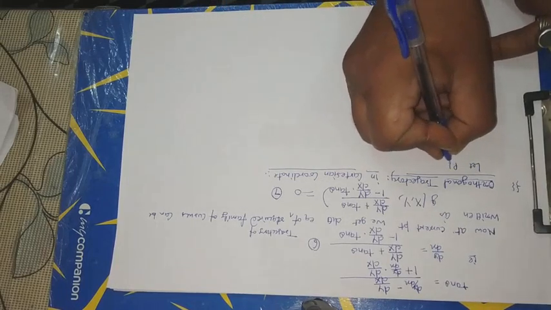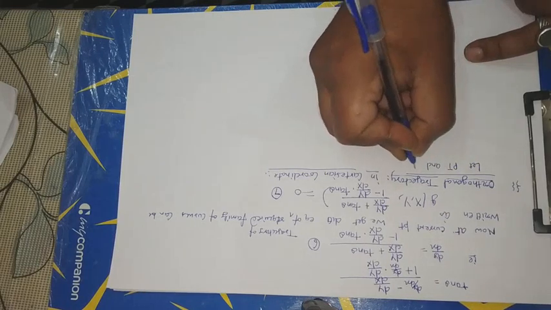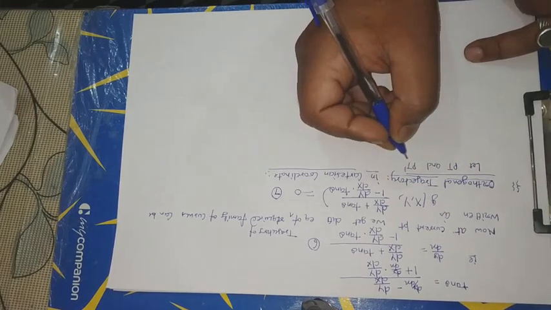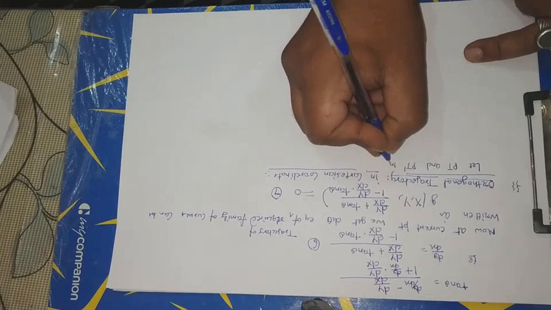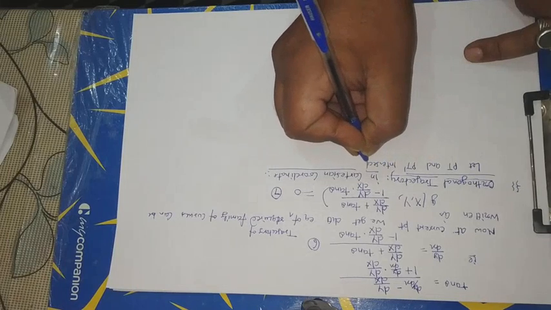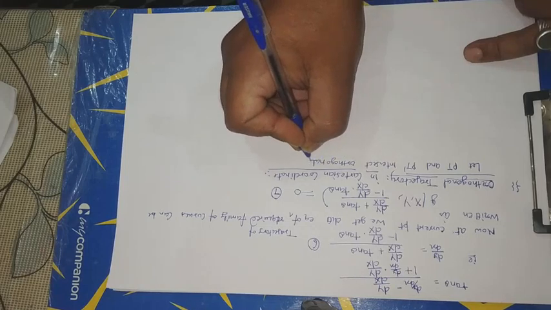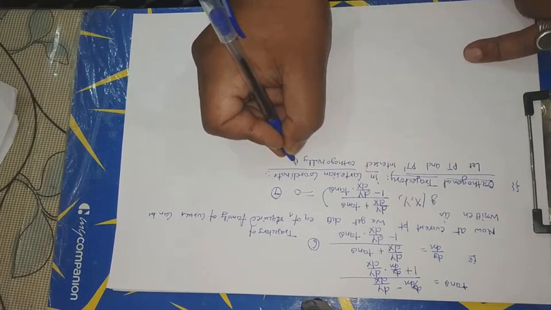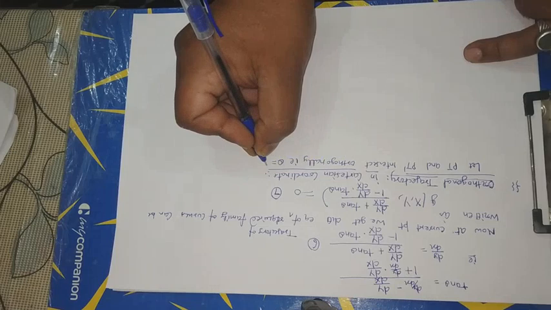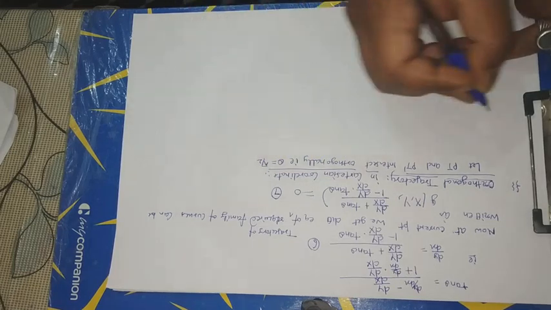Let PT and PT dash intersect orthogonally, that is, theta is equal to pi by 2.